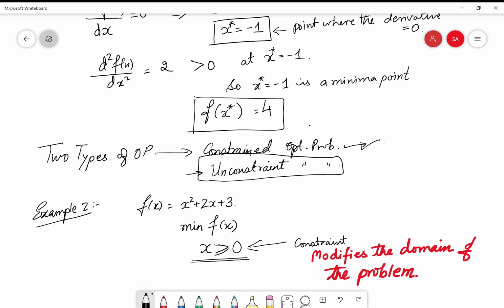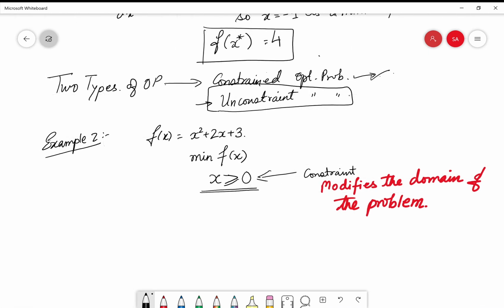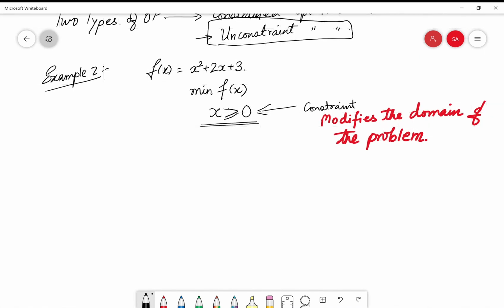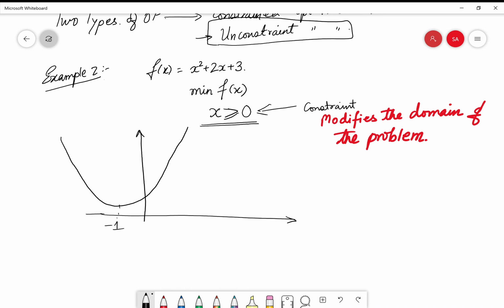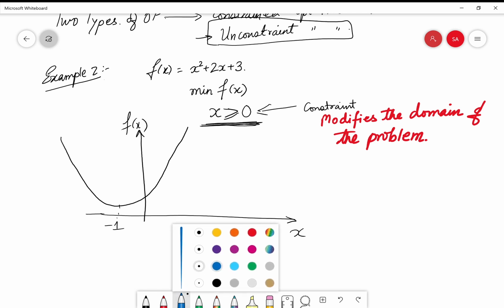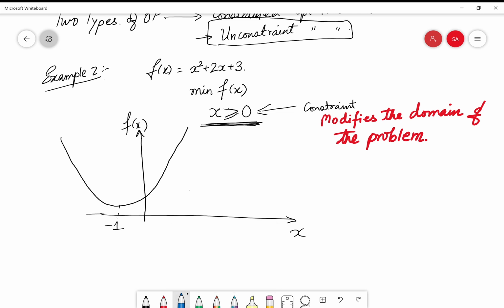So let me just draw it again and show you how the function is going to look now from this perspective. Again, our function was something like this. This was -1, this is x, this is f of x, and now my function is valid only for x greater than or equal to 0. So my function is going to be only this part.